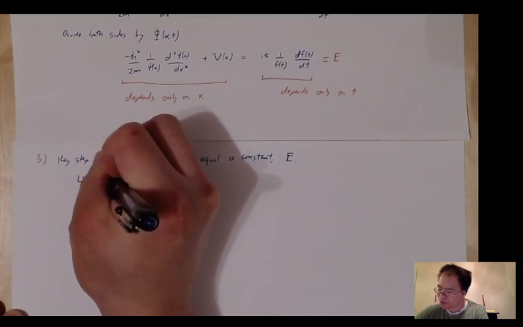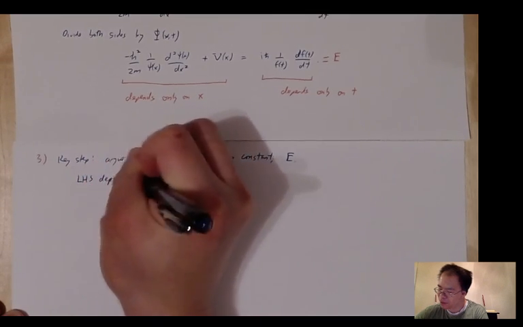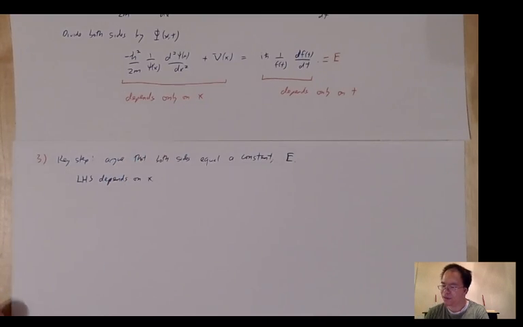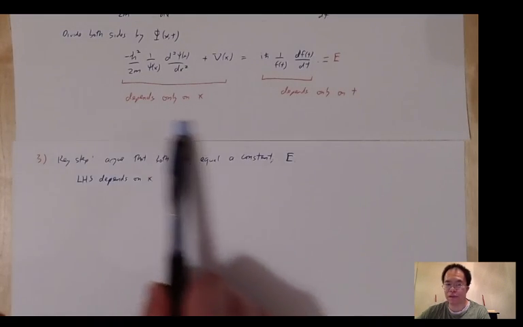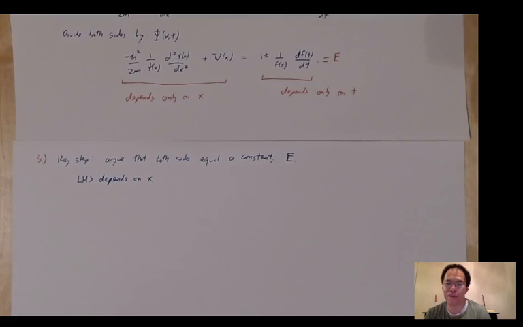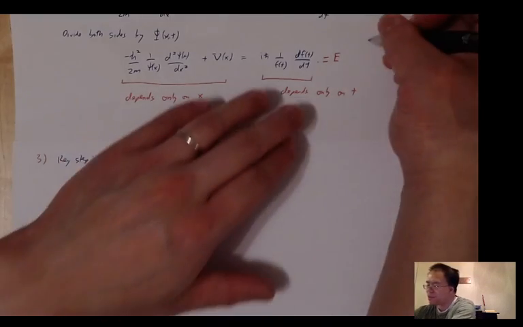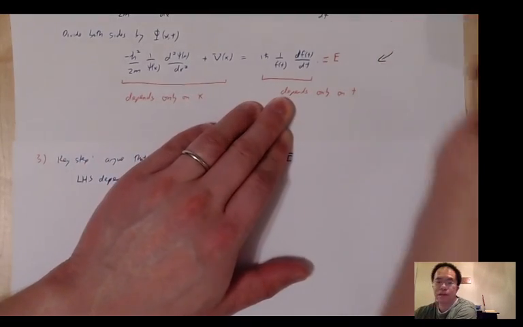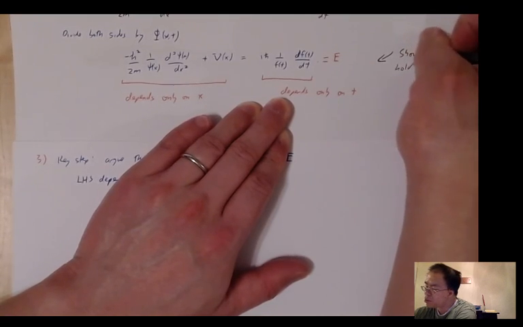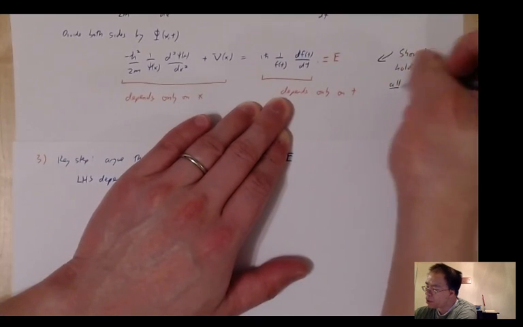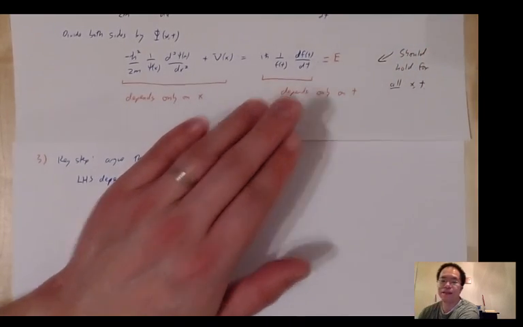This entire equation that we worked out just by manipulating the time-dependent Schrodinger equation should hold for all x and t.